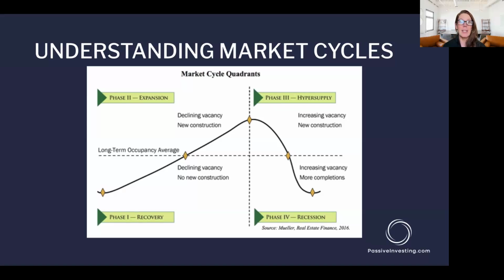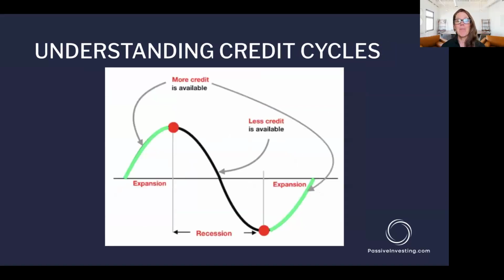There's been a couple cases in US history in the 200 years that we've been tracking recessionary markets that it's gone a little bit longer than 24 months. But on the whole, the average is actually 6 to 10 months for a hypersupply recessionary period. So recovery and expansion happens slowly over time. Hypersupply contraction typically happens pretty quickly, and then we start moving into recovery again.